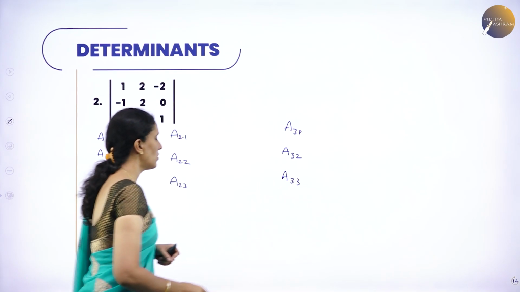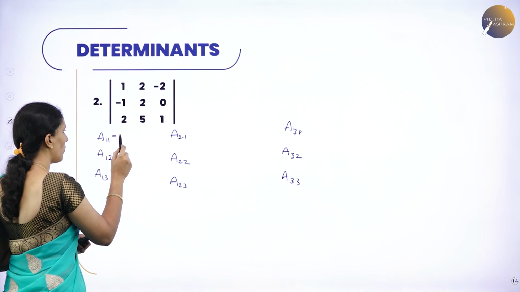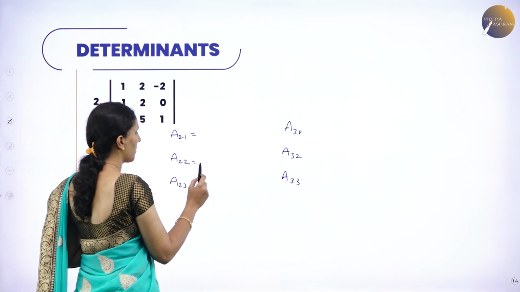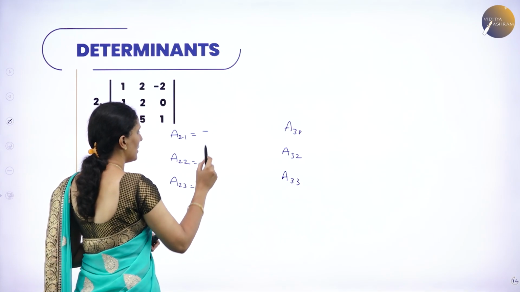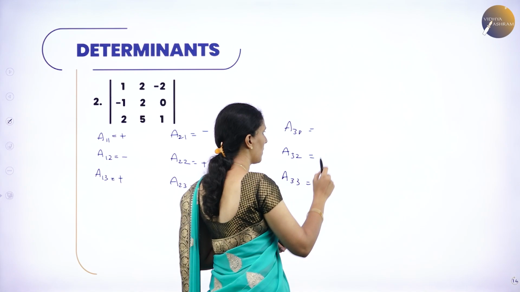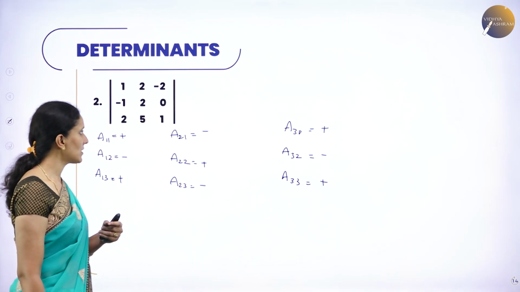So what about the sign? Use the sign as indicated. This is always plus, minus, plus, and here it is minus, plus, minus. So here plus, minus, plus. If it is 0, no need to substitute the sign.